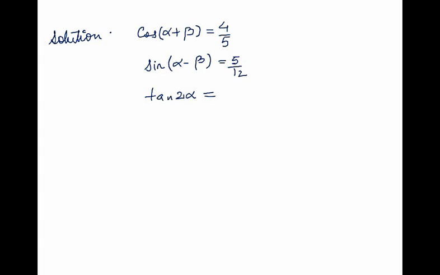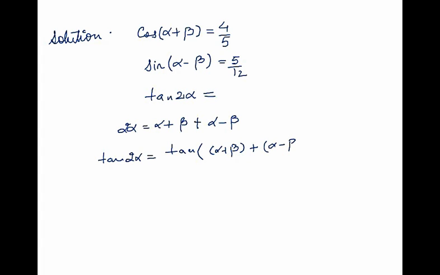We can easily observe here that 2 alpha is equal to (alpha plus beta) plus (alpha minus beta). That will give 2 alpha. Therefore, what we are exactly looking for is tan 2 alpha, that is equal to tan of (alpha plus beta) plus (alpha minus beta).